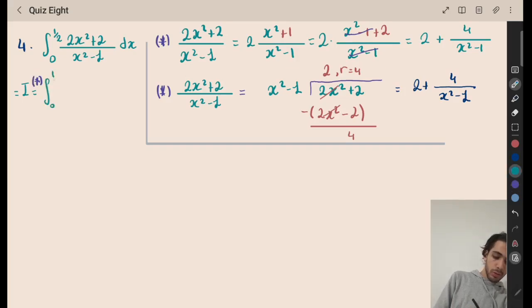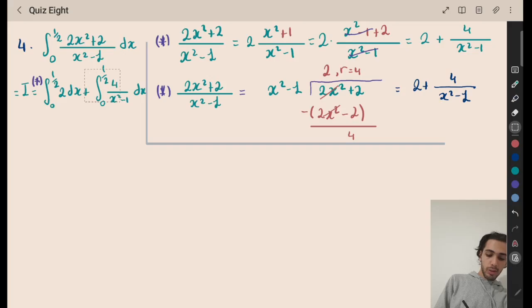We get the integral from 0 to a half of 2 dx plus an integral from 0 to a half of 4 over x squared minus 1 dx.